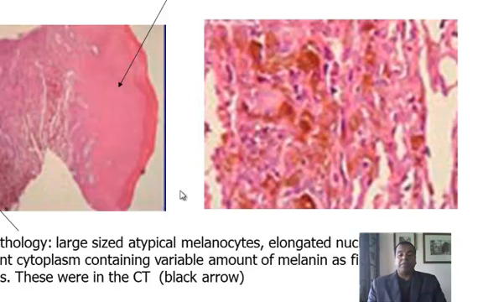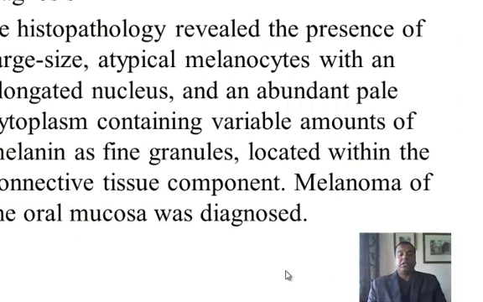showing large-sized atypical melanocytes, elongated nuclei, and abundant cytoplasm containing variable amounts of melanin as fine granules. So the diagnosis was: the histopathology revealed the presence of large-size atypical melanocytes with elongated nuclei and abundant pale cytoplasm containing variable amounts of melanin as fine granules located within the connective tissue component.